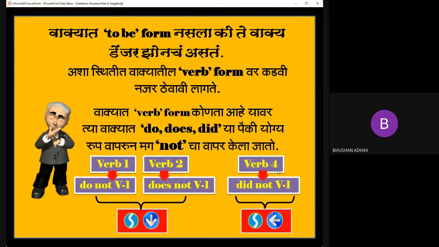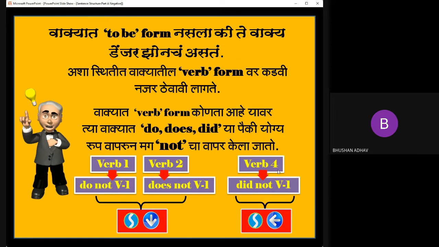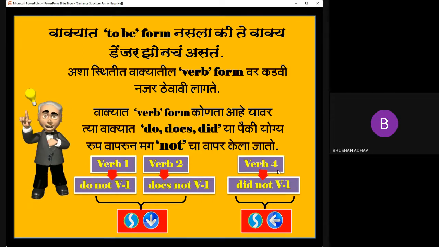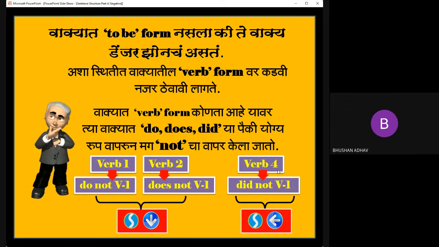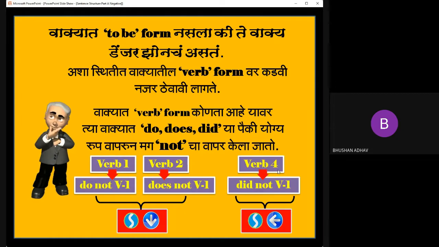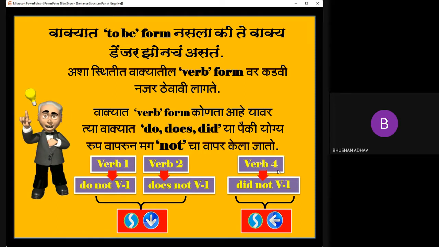Danger zone without to be form. Without to be form, if there is a direct verb after the subject, then that is danger zone. In a case of danger zone, V1 is converted into do not V1, V2 into does not V1, and V4 into did not V1.